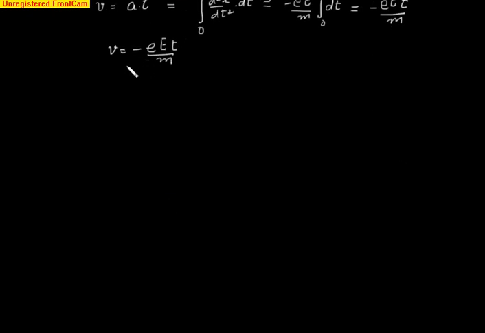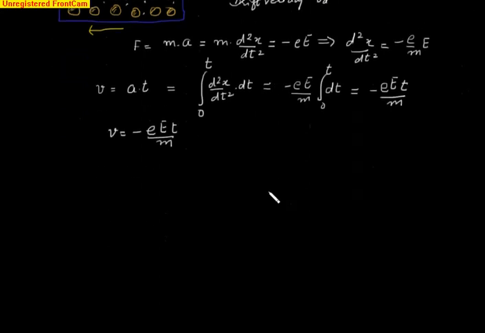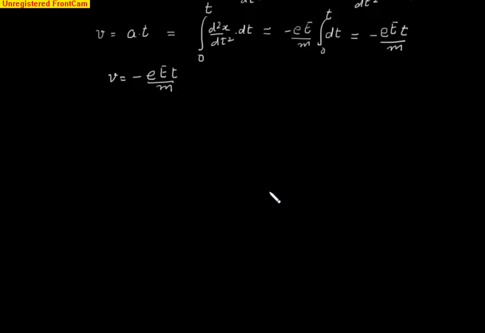Now from this velocity we can find how much distance x is covered in this t time. Velocity is distance over time, which gives the distance traveled as velocity multiplied by time.